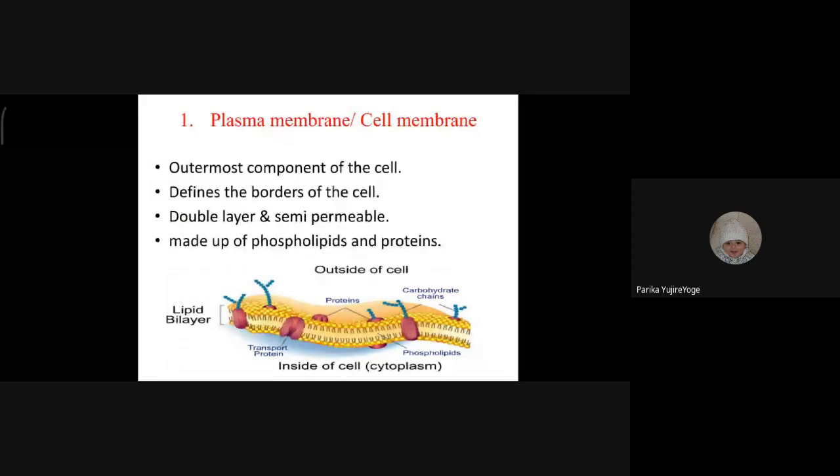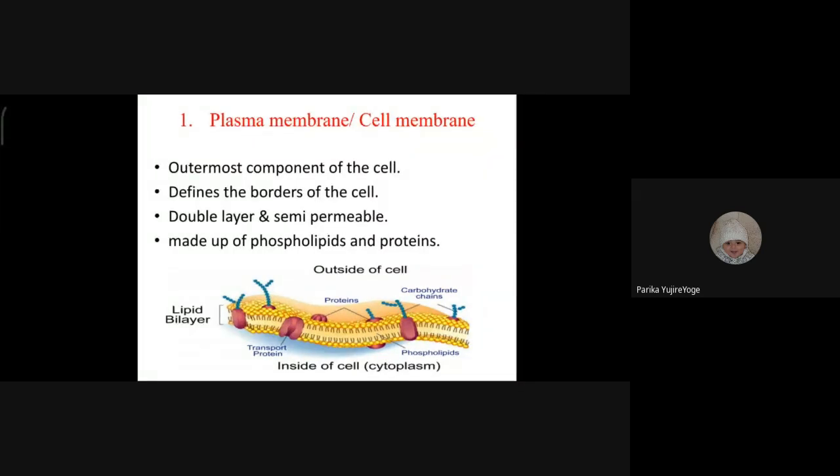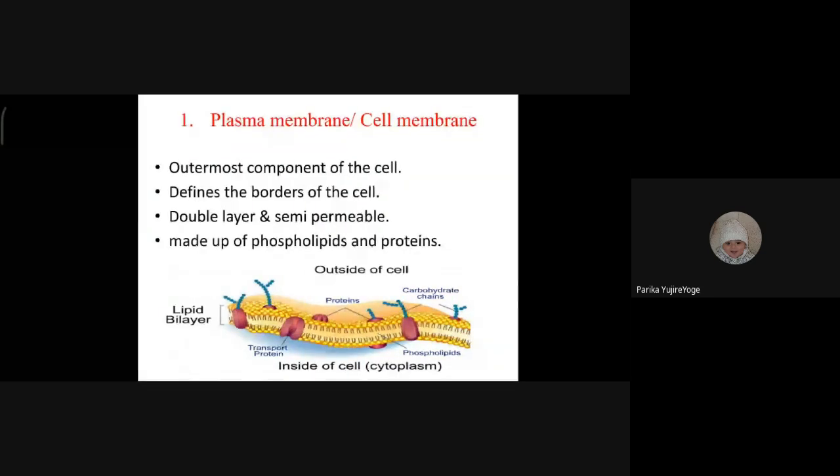It is semi-permeable, meaning it allows only some particular things to pass. Everything can't pass through the cell; only some needed things can pass in or out. And it is double layered, meaning bilayer. The bilayer is made up of phospholipid, phosphorus and lipid.